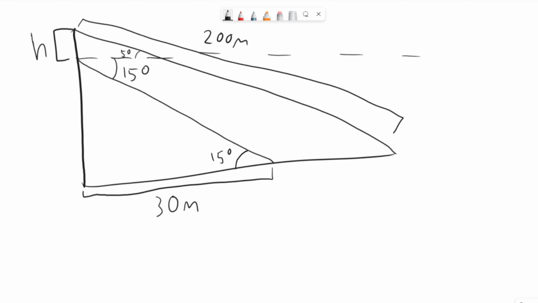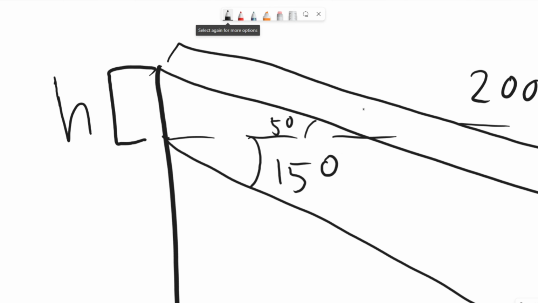Now currently, while we can solve for this height and the hypotenuse of this triangle, we can't solve anything to do with the bigger triangle that has these angles here. So how do we deal with that? We want to look up at this tiny triangle and realize this will be a 90-degree angle.